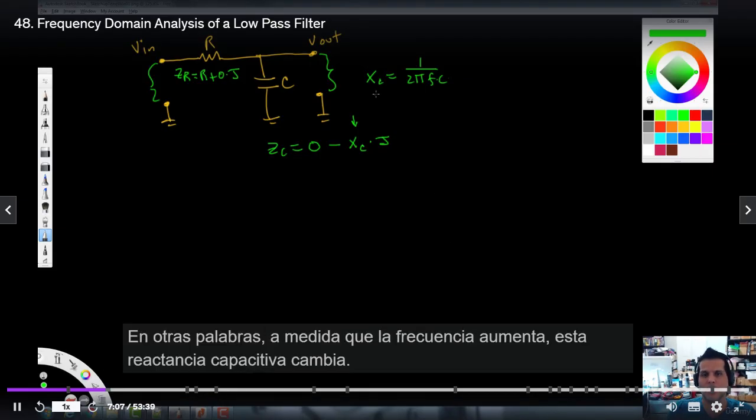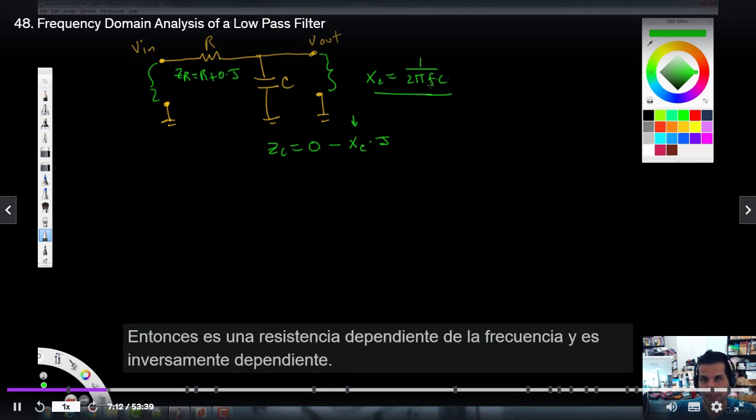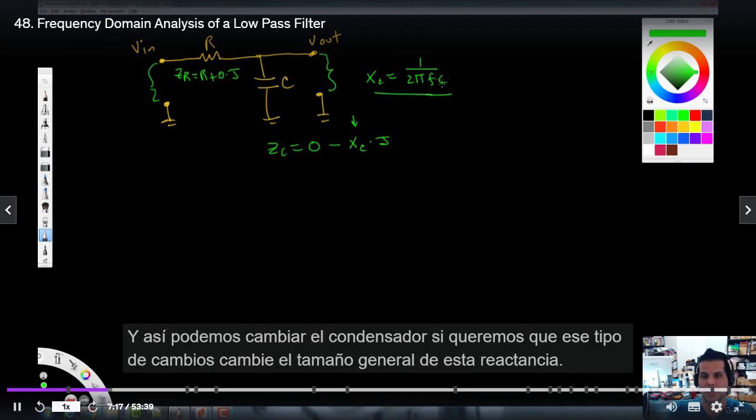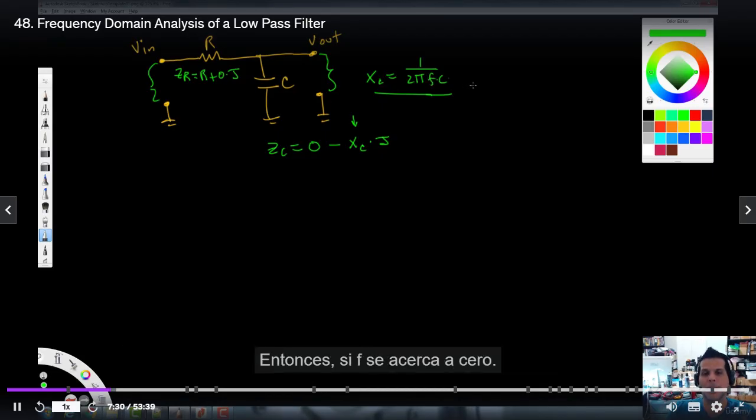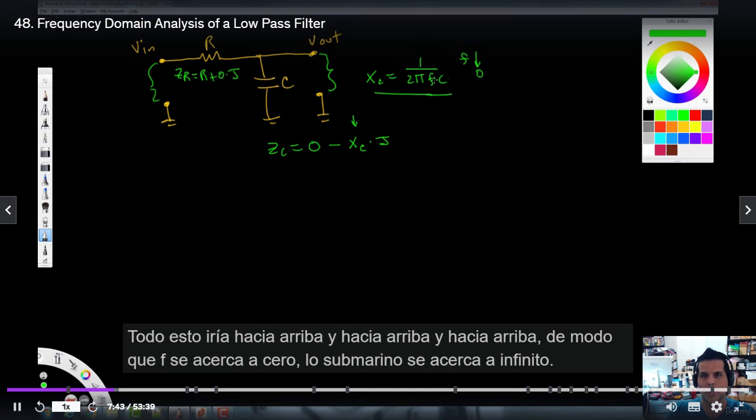In other words, as the frequency goes up, this capacitive reactance changes. So it's a frequency dependent resistor, and it's inversely dependent. We can change the capacitor if we want, and that changes the overall size of this reactance. But as F changes, its reactance goes up and down. As F approaches 0, the denominator goes to 0, so this whole thing goes up and up and up.